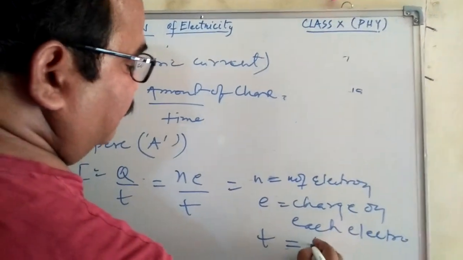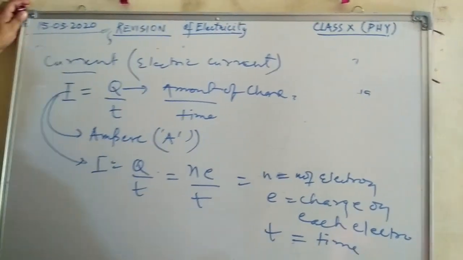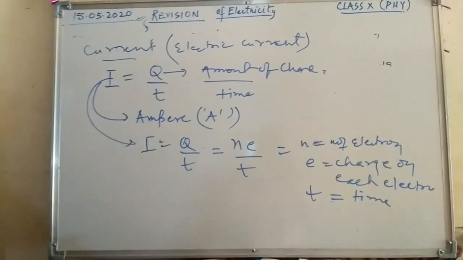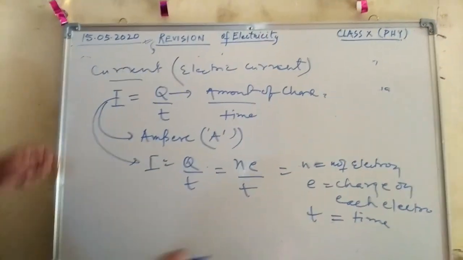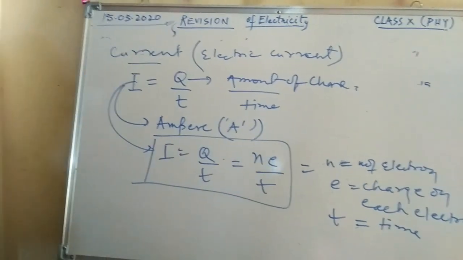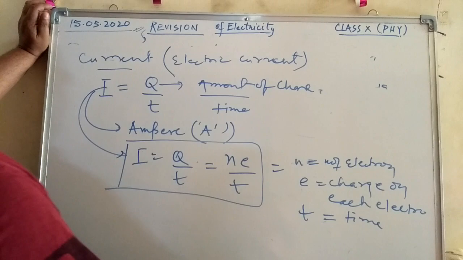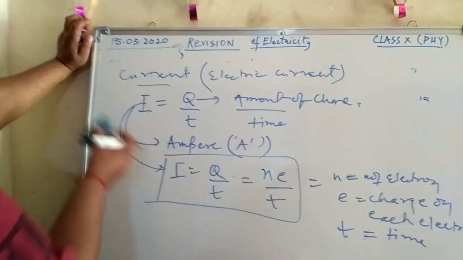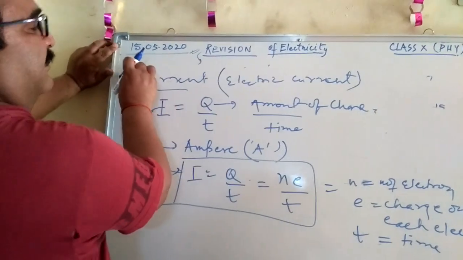You can use this formula for very short objective nature numericals. It is a very important formula for objective numericals. This is all about electric current.